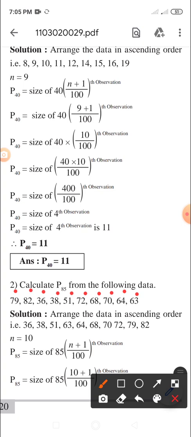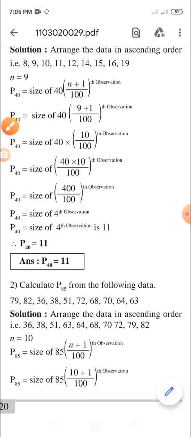So arrange the data in ascending order. Our first step is to arrange the data in ascending order. That is 36, 38, 51, 63, 64, 68, 70, 72, 79 and 82. Next step, find out the value of n, that is the number of observations given over here.